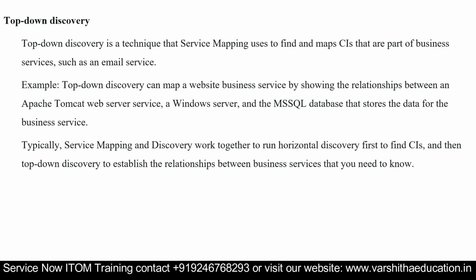Then top-down discovery establishes the relationships between CIs so we can get the data. Most people in interviews may ask what techniques are used in discovery: horizontal and top-down discoveries.